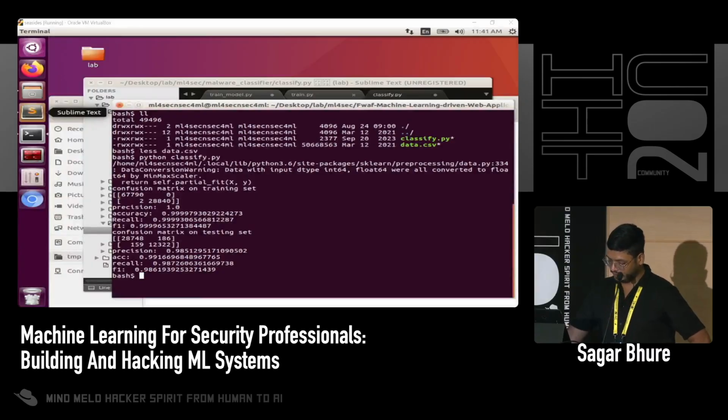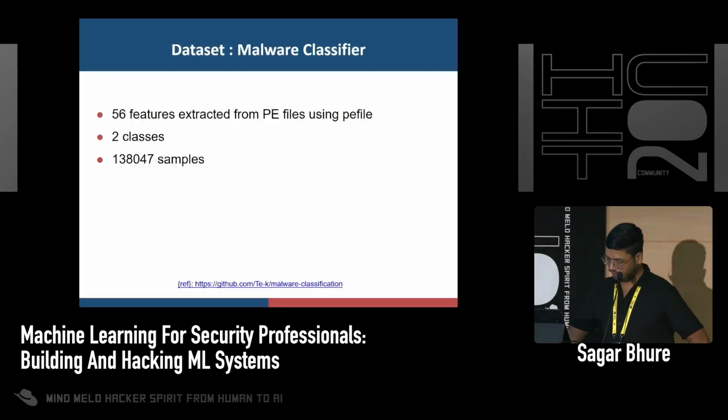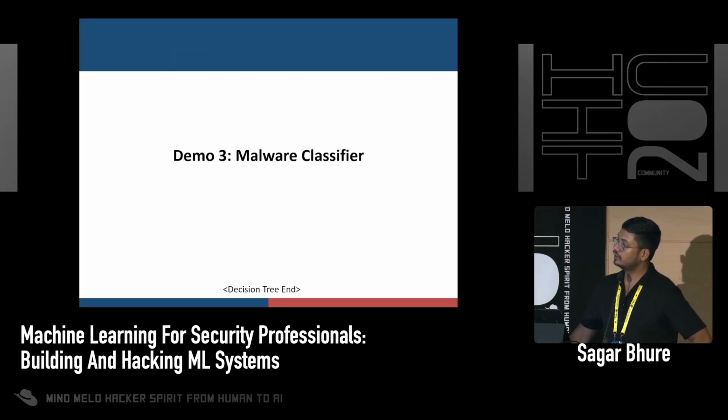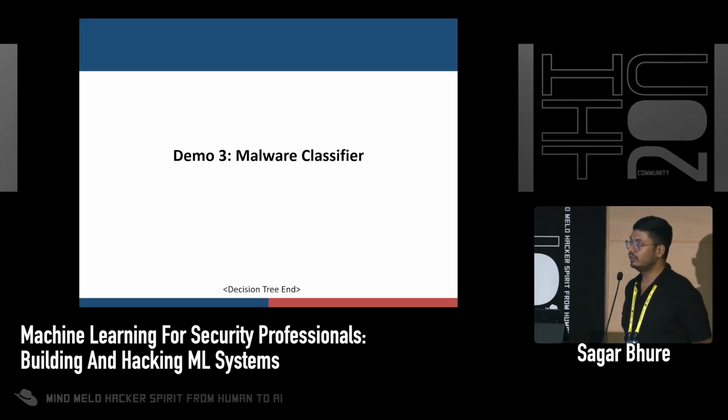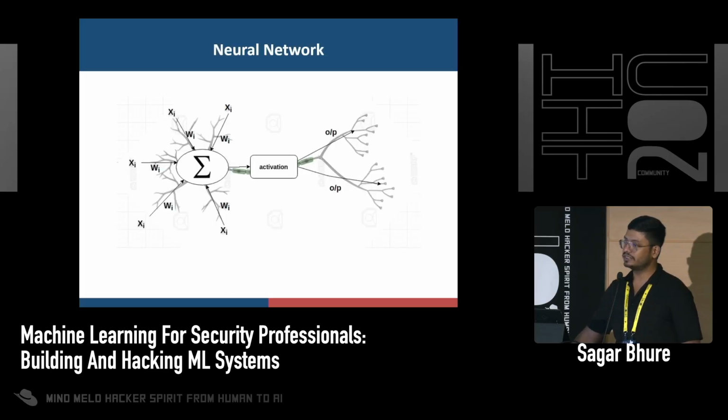Okay, we'll quickly go back to the slides. We just did the malware classification demo, where you try to classify malware versus not malware. So this is all neural network. Now we are going slightly deeper into deep neural networks.